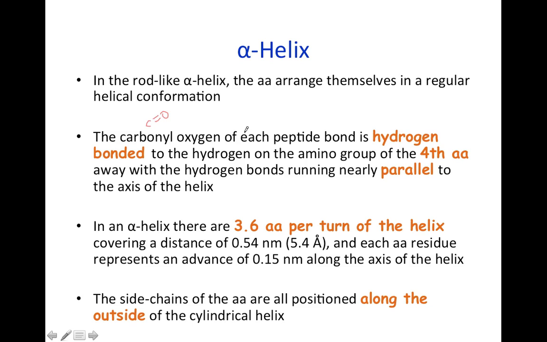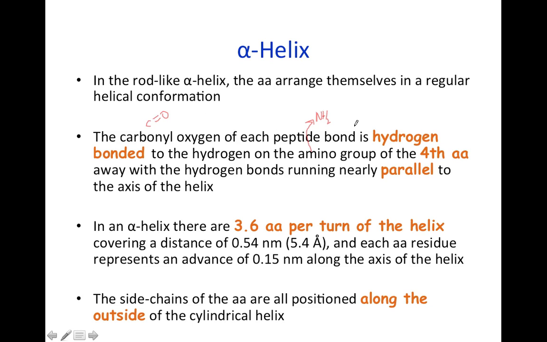So it's a C double bond O. It's the carbonyl oxygen. So they're saying that the oxygen in this carbonyl group is hydrogen bonded to the hydrogen on the amino group. So you all remember what an amino group is? It's NH2. So one of those hydrogens will hydrogen bond with the oxygen on the carbonyl group.